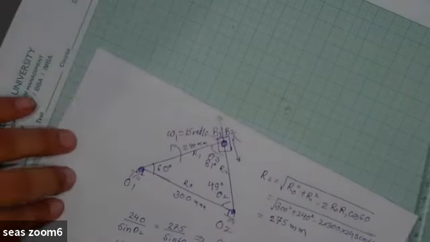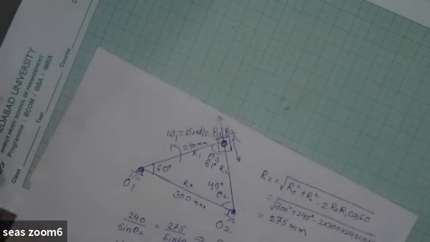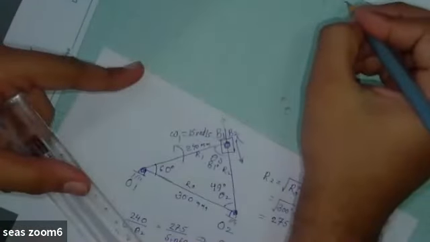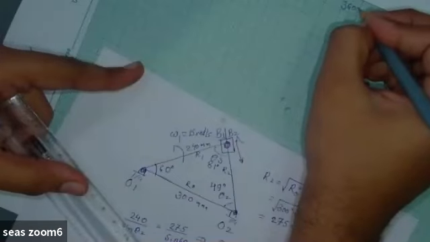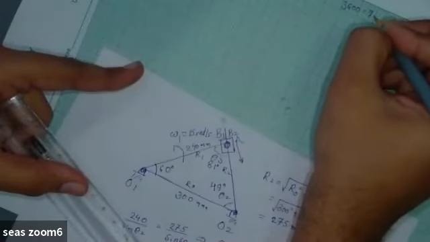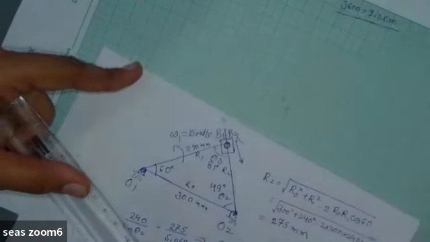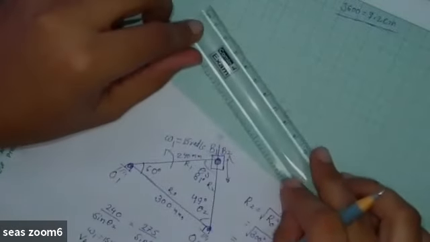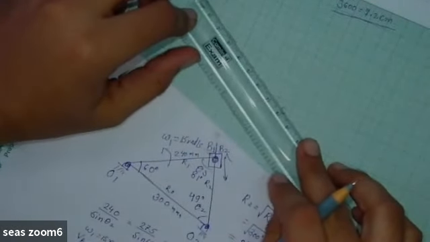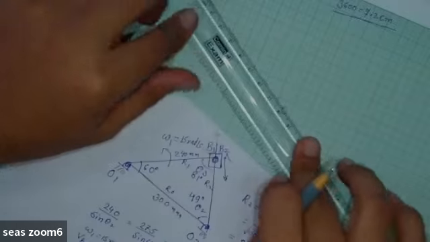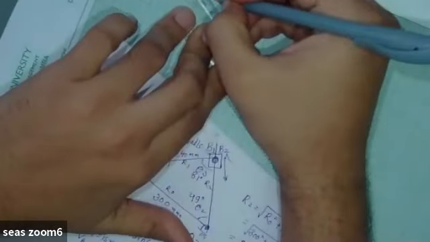So let's use the length of 7.2 centimeter for 3600, okay, the scale. So from this point I am taking 7.2 and I will draw a line here.